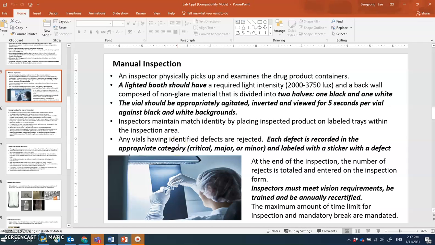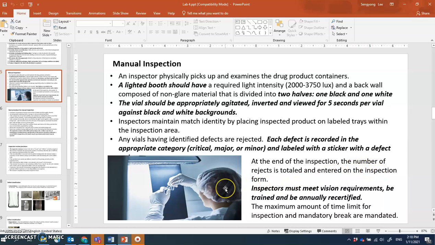As I told you before, there are critical defects, major defects, and minor defects, and you have to sort them out based on what category they fall into. They will also be labeled with a sticker showing what defect they were identified with. At the end of inspection, the total number of rejects is added up and entered on the inspection form. There should be a blank where you can record how many defects you identified.